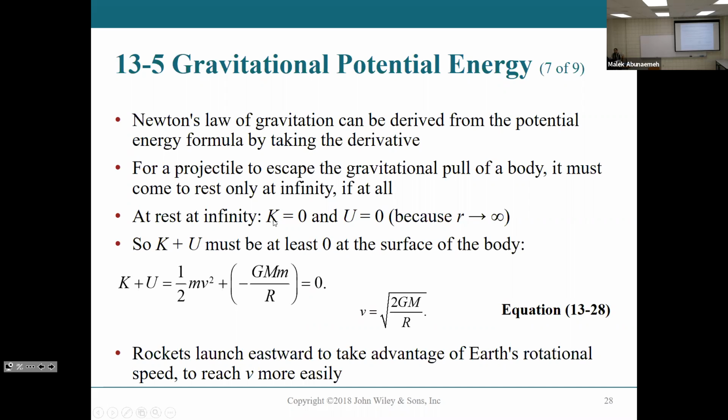So your potential plus kinetic energy must be at least 0 at the surface. So your kinetic plus potential equals 0, which equals 1/2 mv squared plus minus G M1 M2 divided by R, the radius of the Earth. Solving for the velocity to escape the orbit, you're going to get the square root of 2GM_E over R.